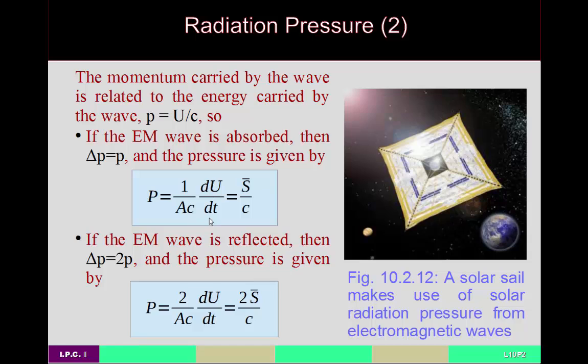And so that's 1 over A c times dU/dt, and that is, of course, the average magnitude of the Poynting vector, divided by c. And then if the electromagnetic wave is reflected, then the transferred momentum is twice as great, and so the pressure is 2 times the average Poynting vector over c. So these are average pressures in time. I suppose you could get an instantaneous pressure as well by just using the magnitude of the instantaneous Poynting vector and dividing it by c.